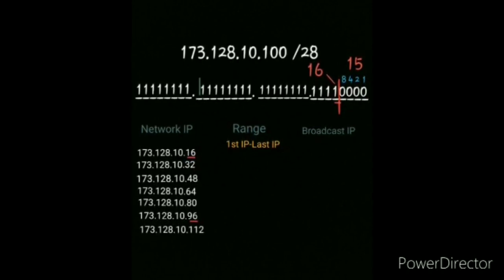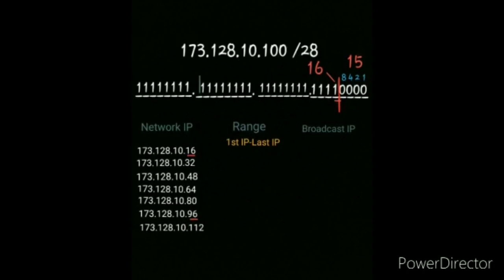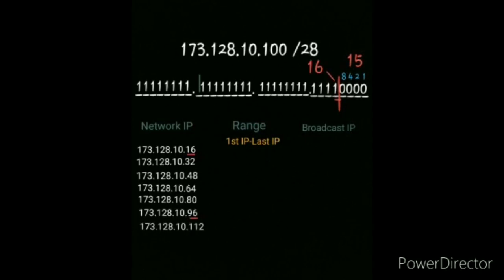173.128.10.96 because the number 100, the given, will fall on the range of 173.128.10.96. So this will be our focus.